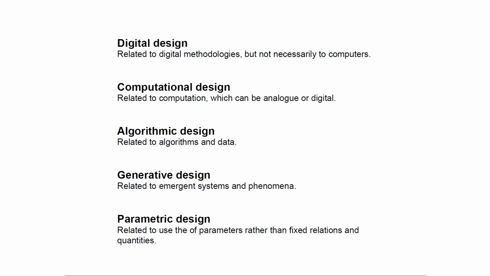So there we talk about parameters in a relational way rather than as fixed terms. And of course, Grasshopper in Rhino is the perfect example of a parametric design environment, because in Grasshopper all these parameters are explicit. They're just sliders, and you can slide them around. So that design term might be the simplest to explain.